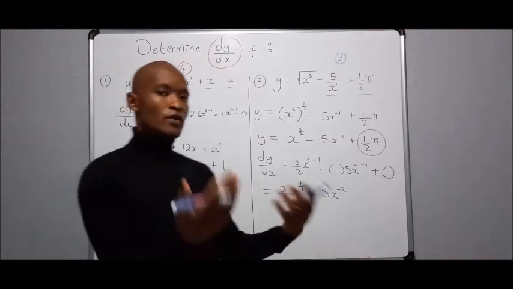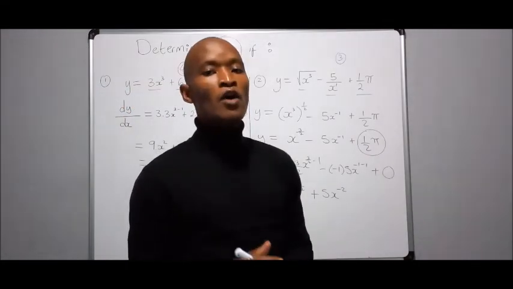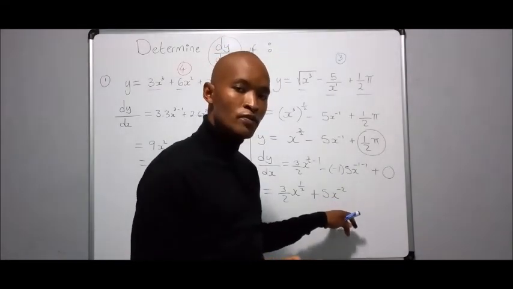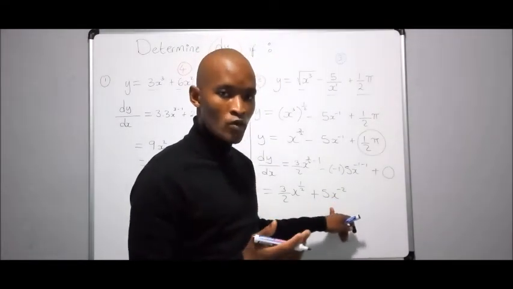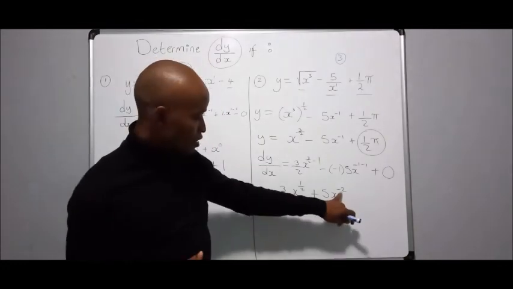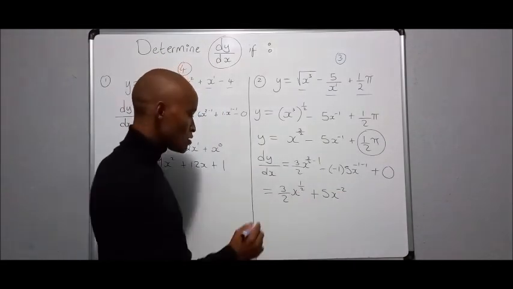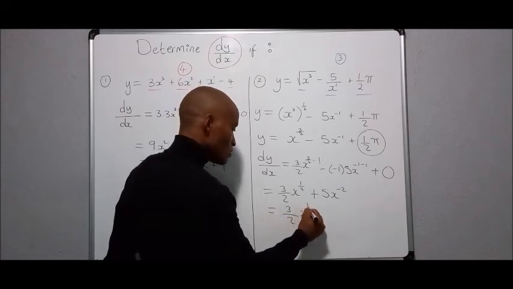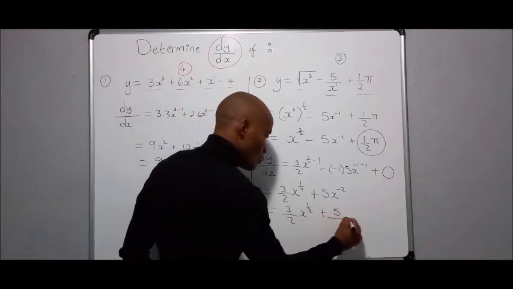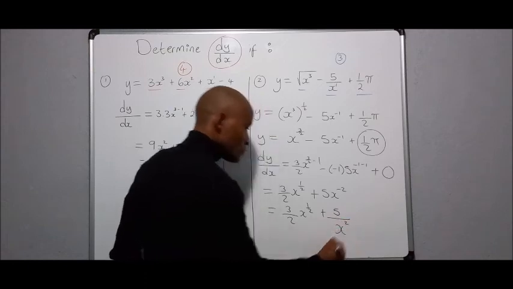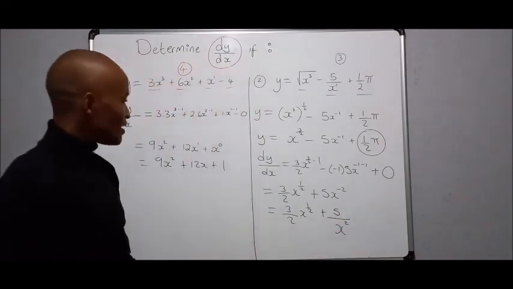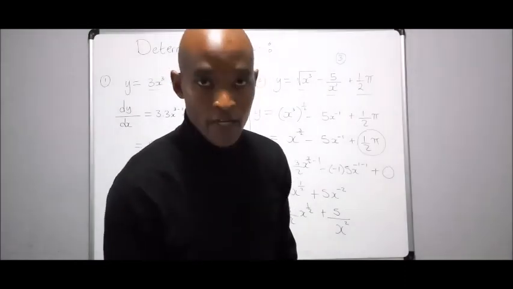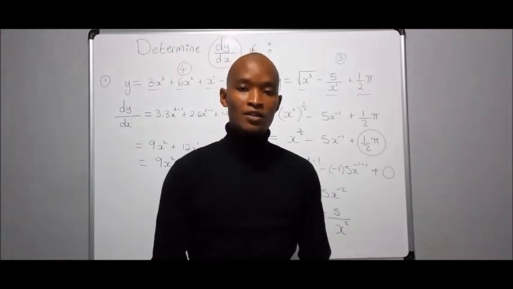So if your question is clear in terms of how you must leave your answer, say in this case you are asked to leave your answer with positive exponents, you realize that I must deal with this guy. This one is fine, it's a positive half. So then you can go a step further and write it in this form, plus 5 over x to the power of 2. So guys, this takes care of sum and difference rules under differential calculus.